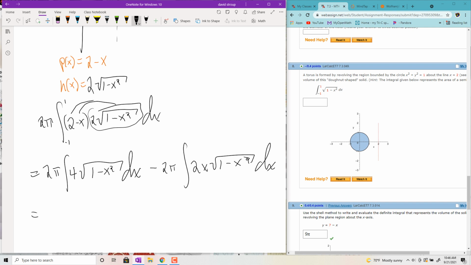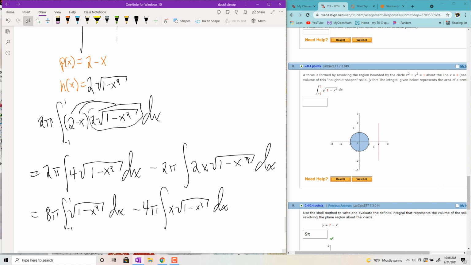The first integral, you can factor out 4. You get 8 pi times the integral of the square root of 1 minus x squared dx. The second integral, you can factor out the 2, so you get 4 pi times the integral of x square root of 1 minus x squared dx. For the first integral, they give you a hint.